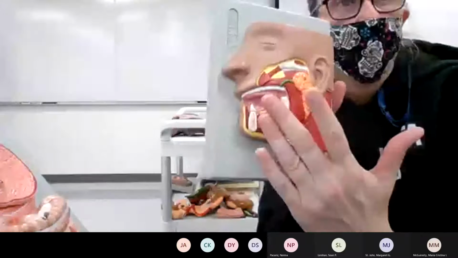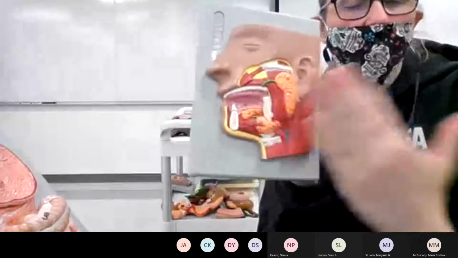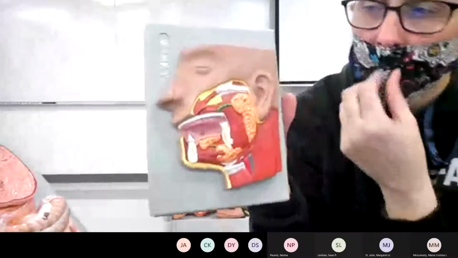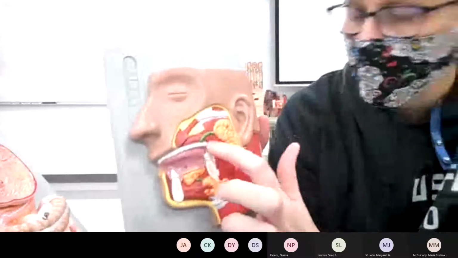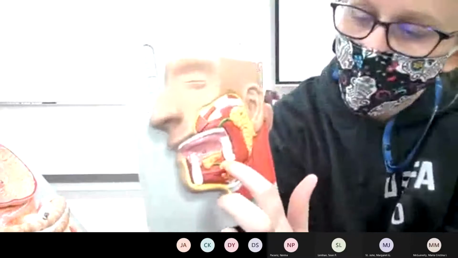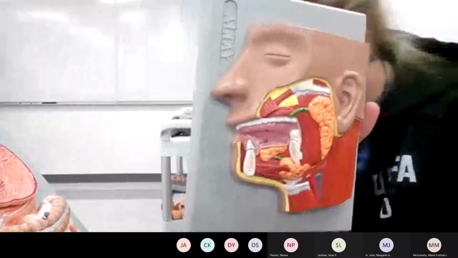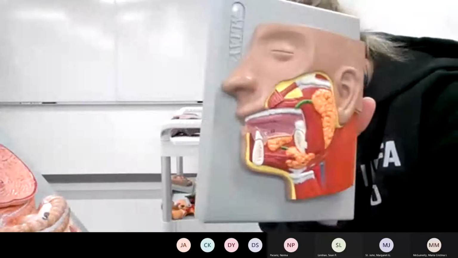All of the food will then undergo mechanical digestion with your teeth and with your tongue. This big duct up here is the parotid duct. And down here, where it connects and ends up by that lingual frenulum, that'll be your submandibular duct.